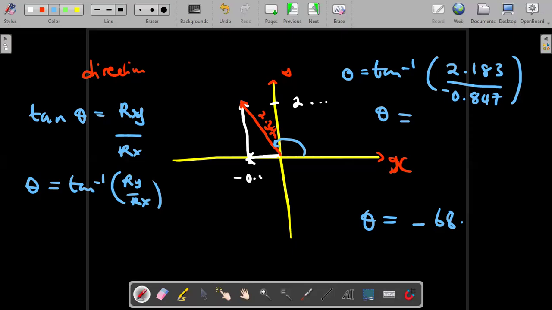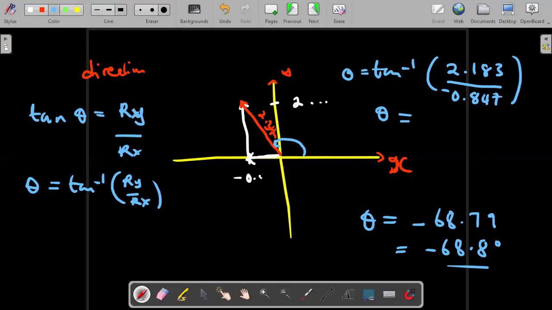Okay, tan inverse of that, and we just get the same one as we did. It was accurate, which is 68.79, and I can just write this as 68.8. Just round off angles to one decimal place like that. So that's the value that I'm going to be getting.